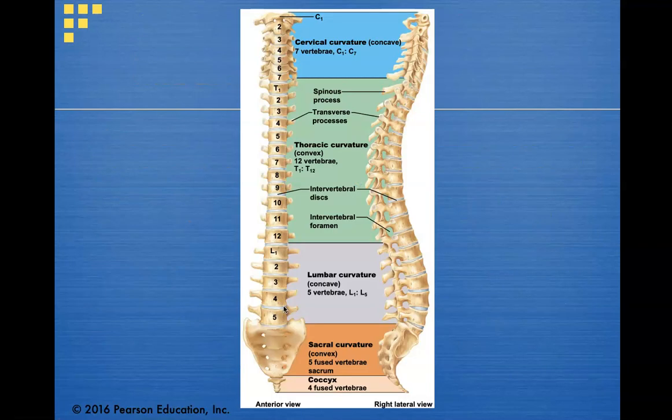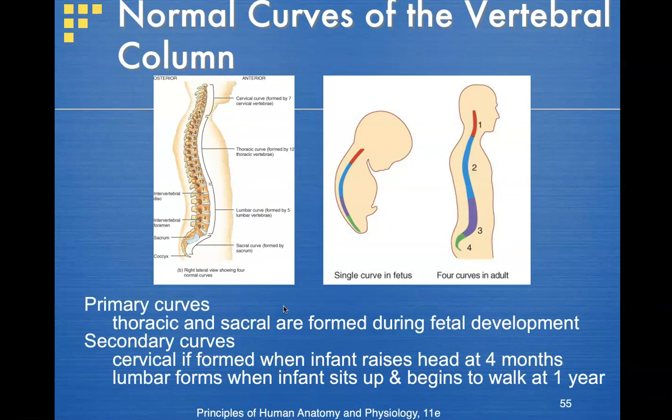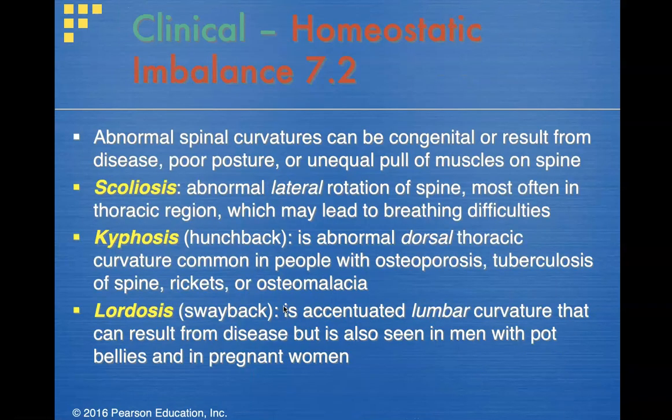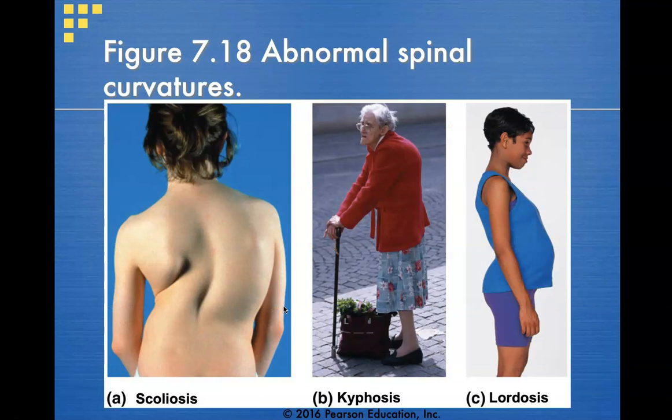Really quick, as we talked about some of those curves, I want to talk about the imbalance of some of these curves, or the abnormalities of these curves. So we can have something called scoliosis, and scoliosis is basically a lateral rotation of the spine.